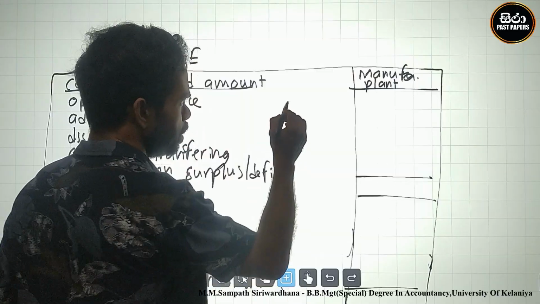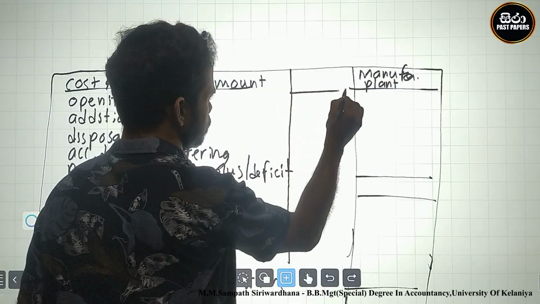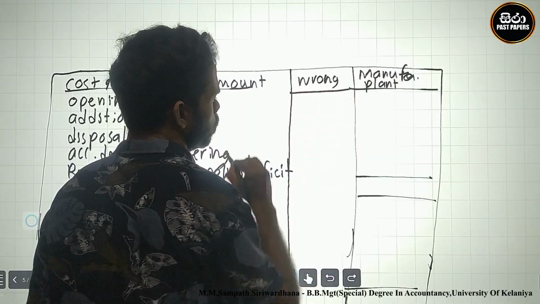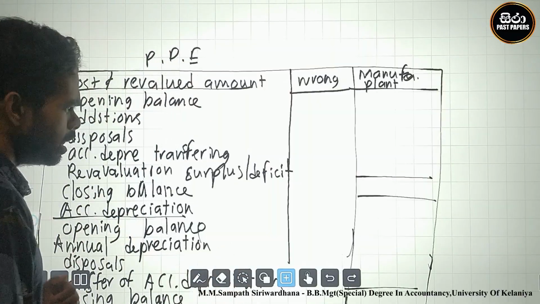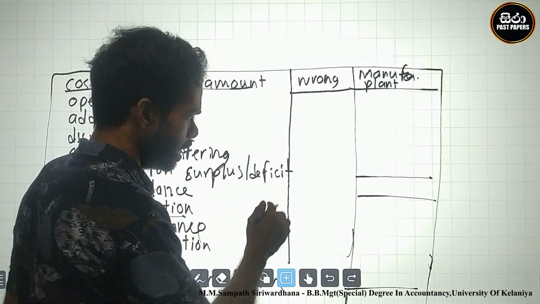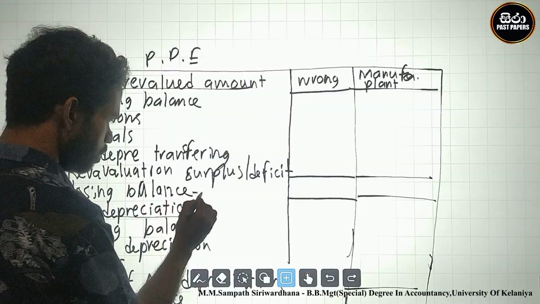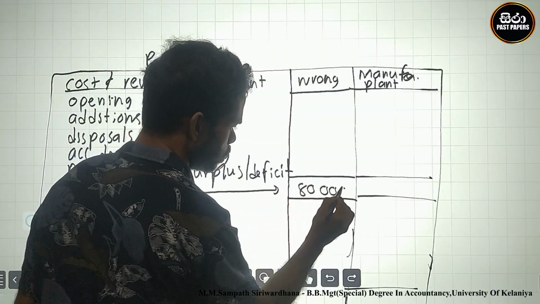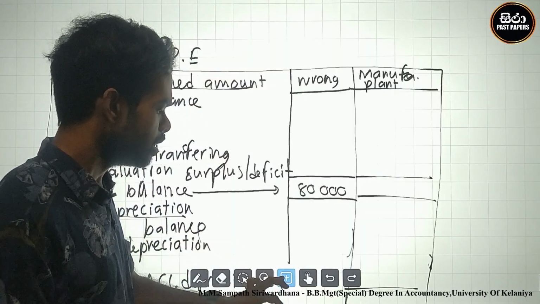Therefore, I prepared another column. This is the wrong. Already done the adjustments. Look here, they already revalued the closing at 80,000. This is 80,000 was closing balance. This is the wrong, no? We must consider they already calculated. What is that?